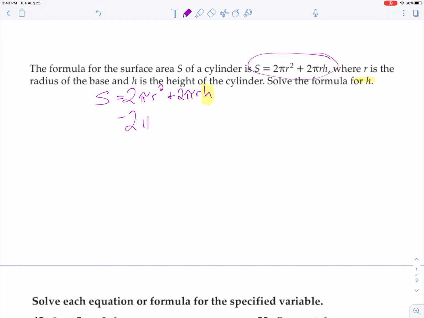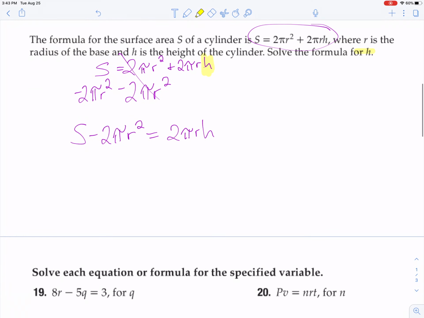So 2 pi r squared, 2 pi r squared, whatever you do to one side, you have to do to the other. S minus 2 pi r squared equals 2 pi r h.